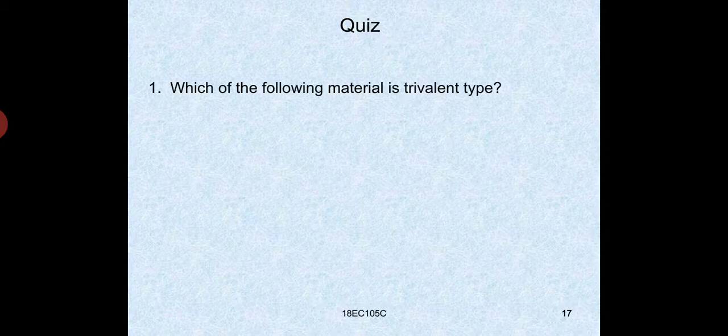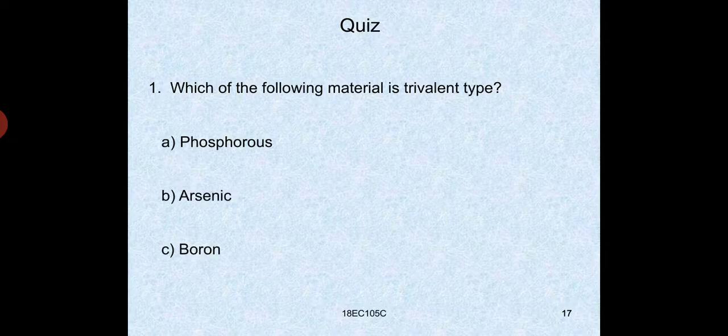Now let us see a small quiz to recall our memory. Which of the following materials is trivalent? Phosphorus, arsenic, or boron? That is boron. That is a trivalent material.